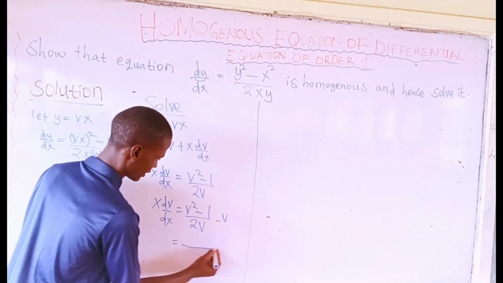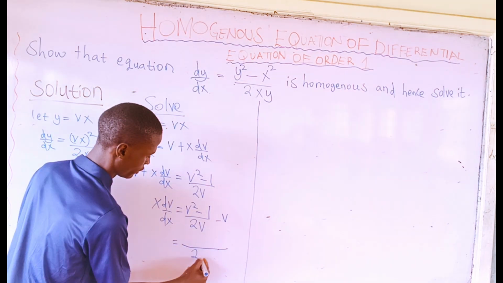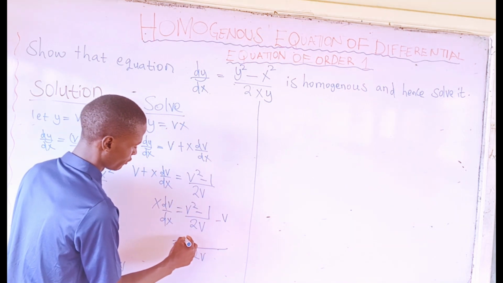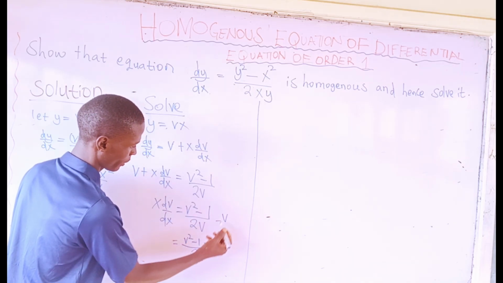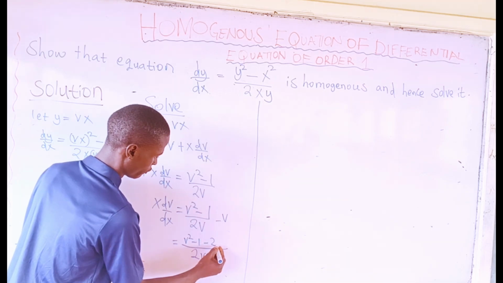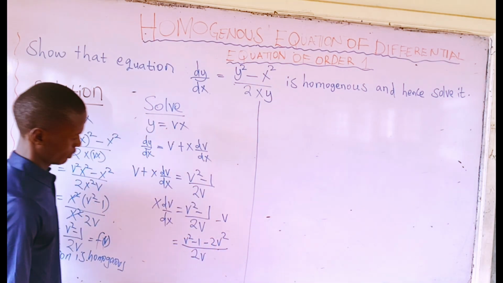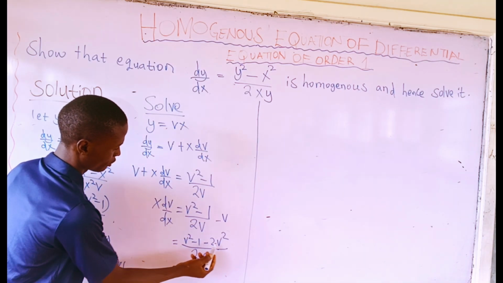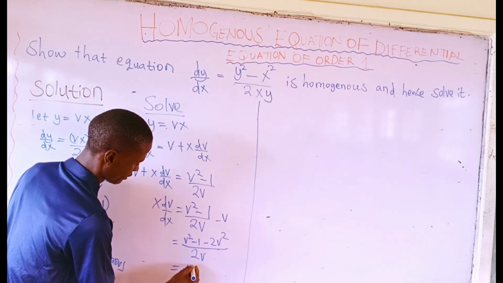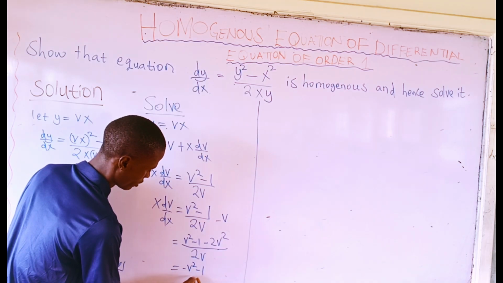Then we find the LCM of this function, which is going to be 2v, which will give you v squared minus 1. You subtract 2v multiplied by v, which is going to be 2v squared. This is going to give you v squared minus 2v squared, which is negative v squared, minus 1 over 2v.